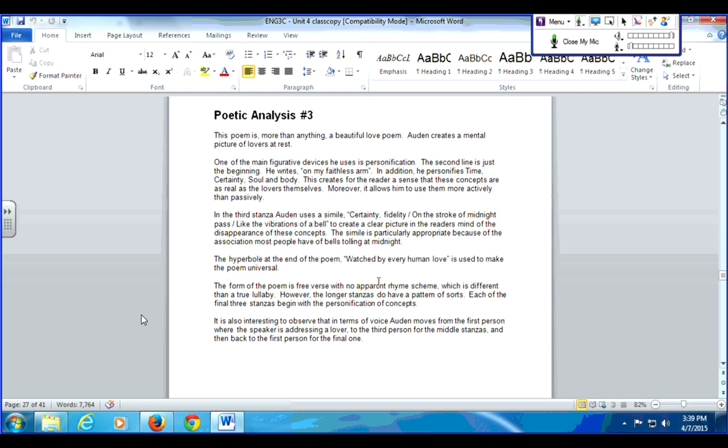It's also interesting to observe that in terms of voice, Auden moves from the first person, where the speaker is addressing a lover, to the third person for the middle stanzas, and then back into the first person at the end, in the final stanza.